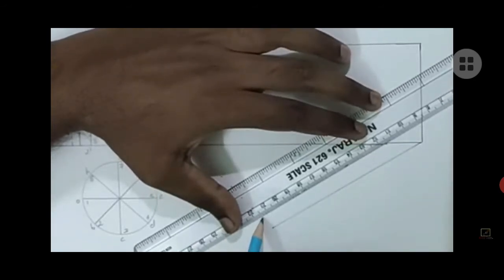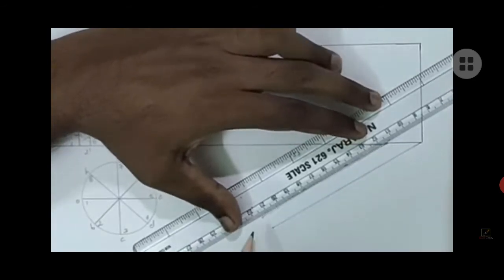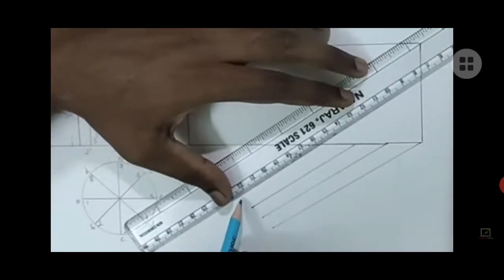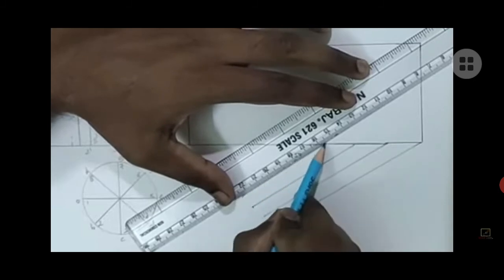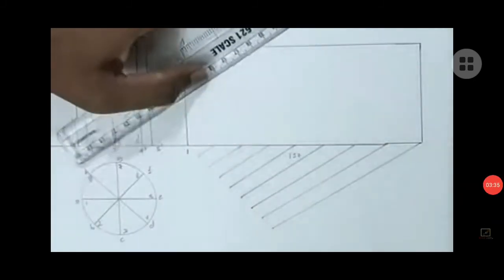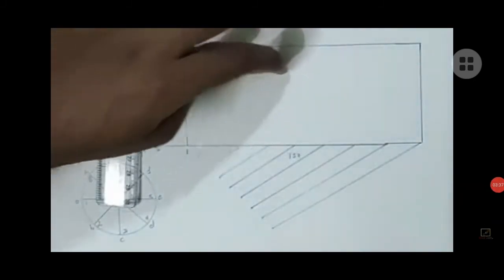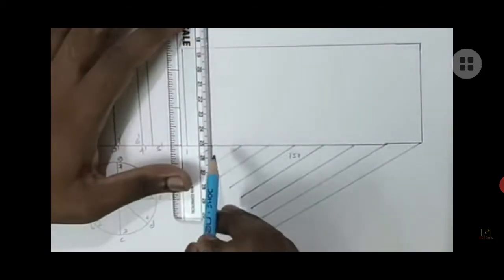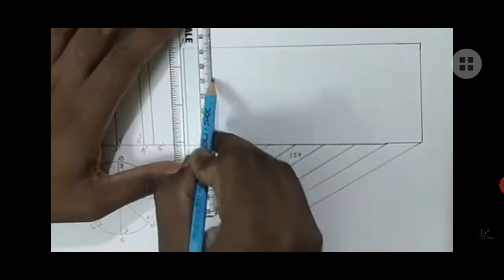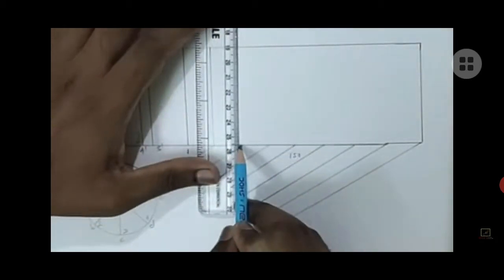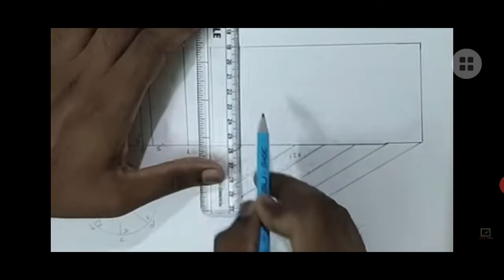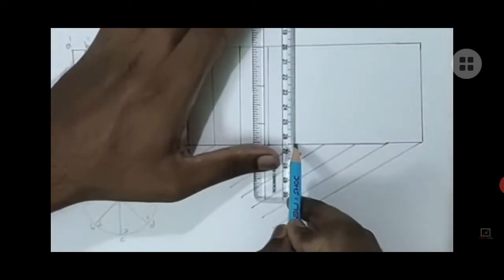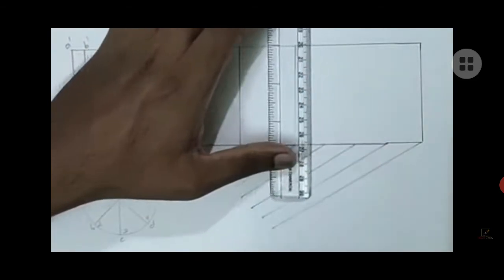Similarly the next: third, fourth, sixth, seventh. Divide this line into equal parts. Draw the vertical lines in the same manner: 1, 2, 3, 4, 5.